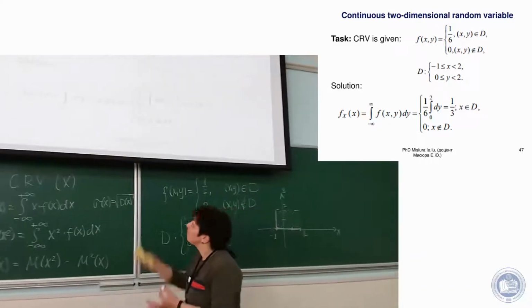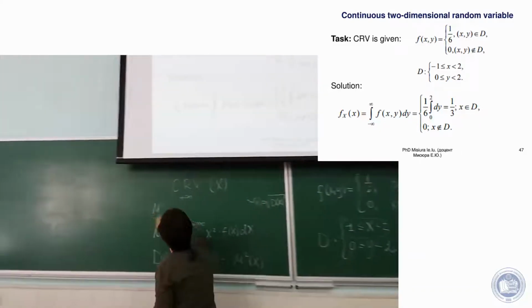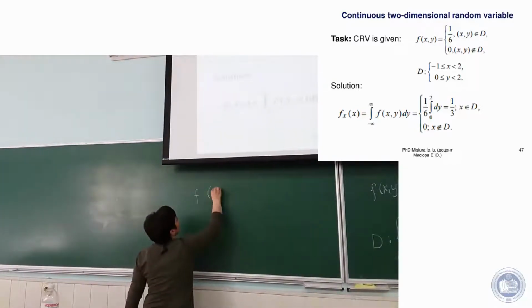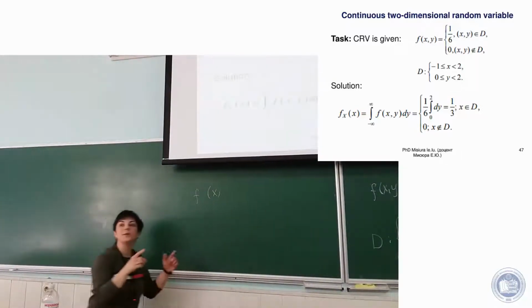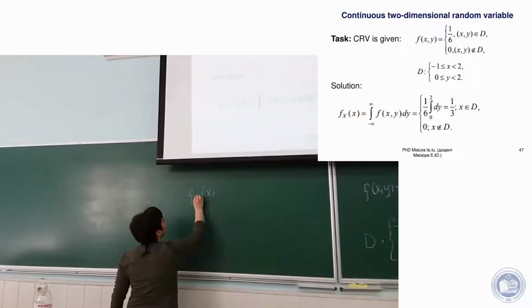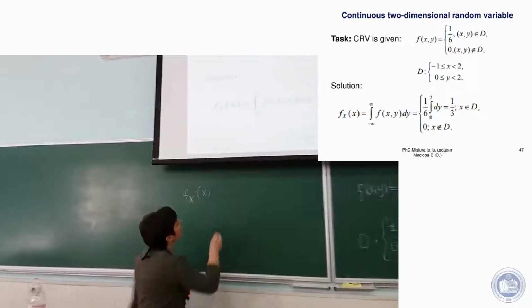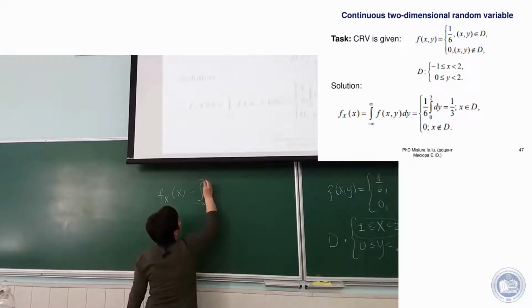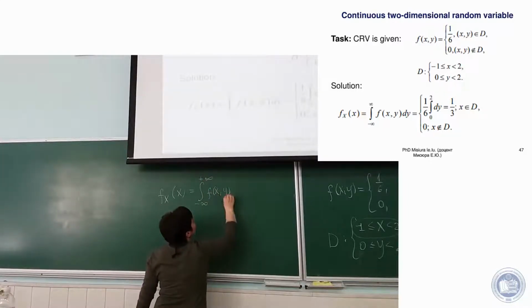For example, first function. Let's find f of x. If you have dependence on one variable, let's use this formula. It will be integral from -infinity to +infinity f of x, y, dy.